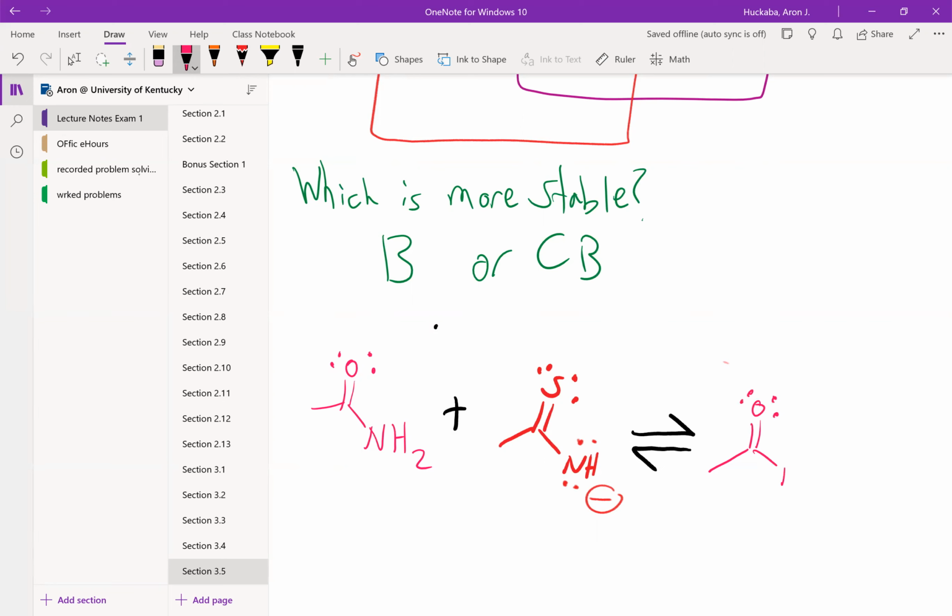So then now we have this NH plus. There we go. That's very sloppy. There we go. Much better. Okay, so these are our two molecules now.